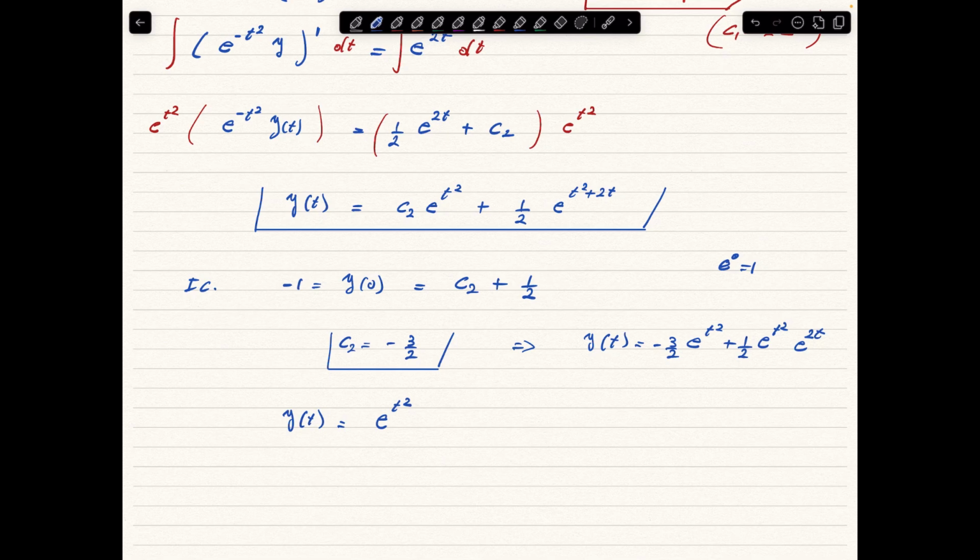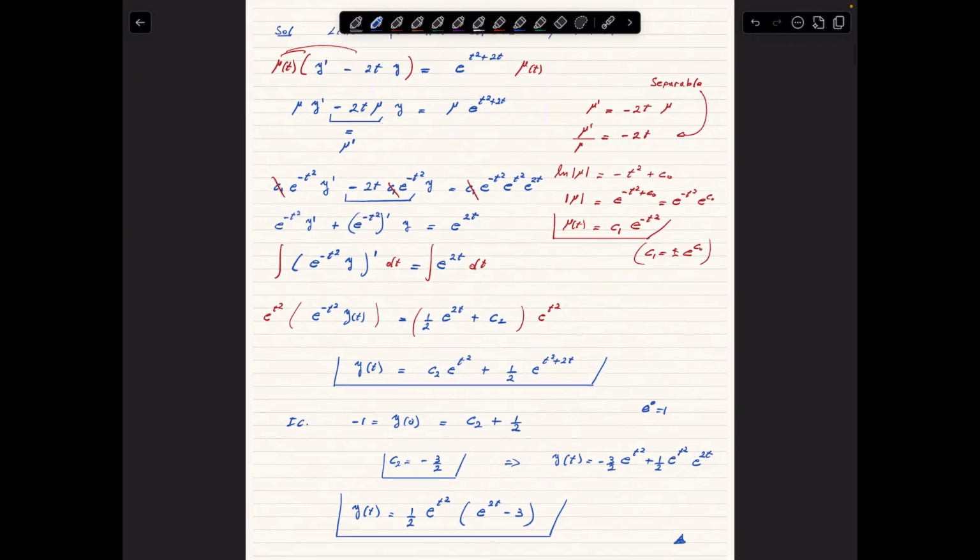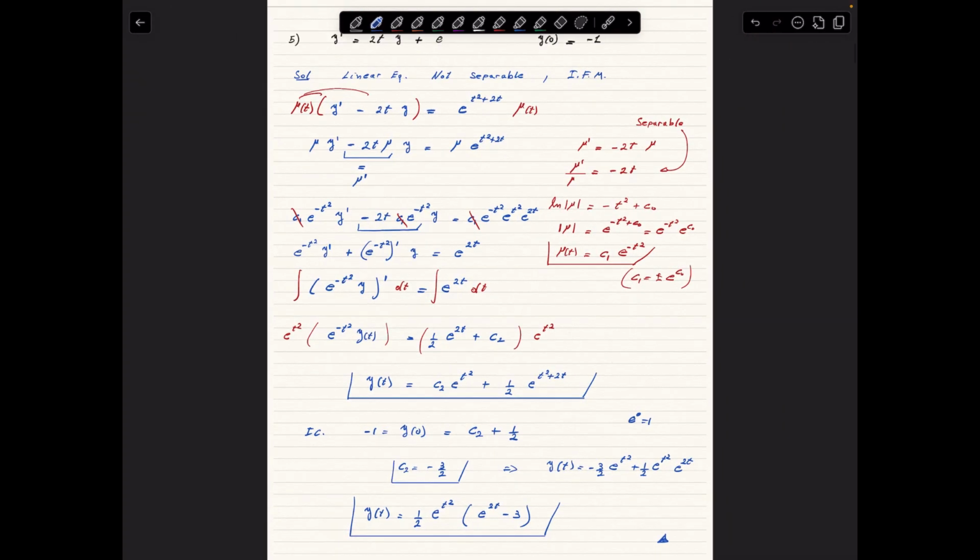And you see now I can pull common factor this factor and the 1/2 outside, which is what I was trying to do here. And then the common factor is of what? Of exponential 2t minus 3. And there it is. That is our solution. This is how we solve a linear equation, just by doing that.